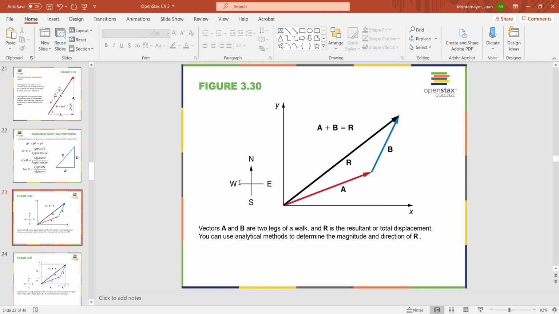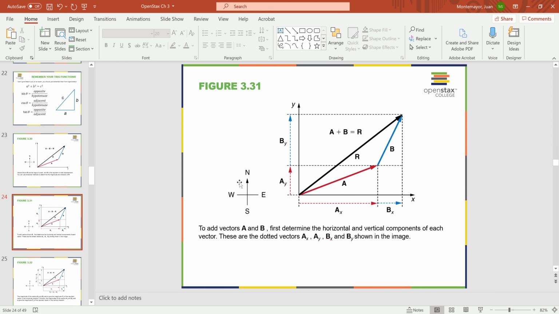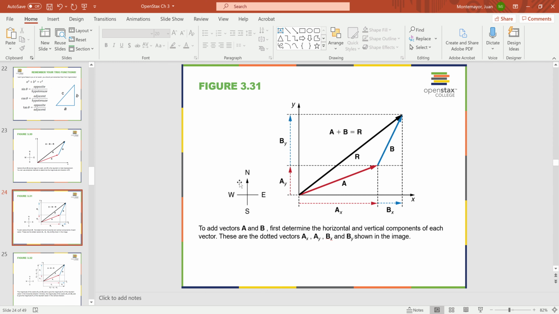So for this figure, we have this long vector A plus this long vector B, and we know that they equal this vector R, right? And we're going to break down how you get there. So we know that for each vector, there is an x component and a y component here, because we know that they're both advancing in the x and in the y direction in some way, form, or fashion.